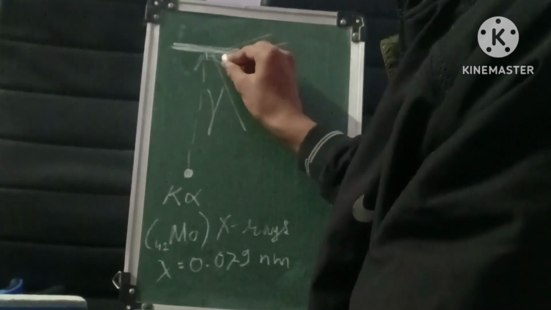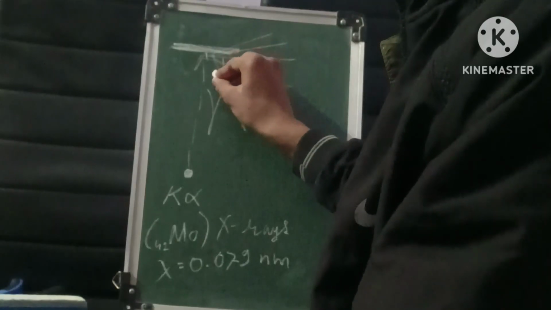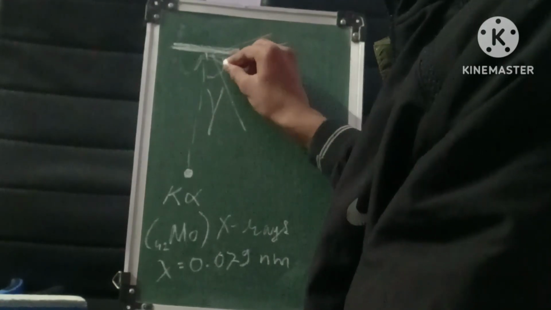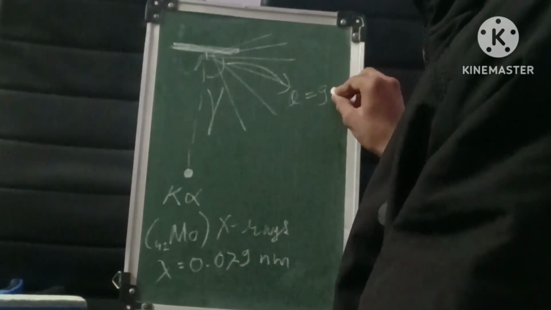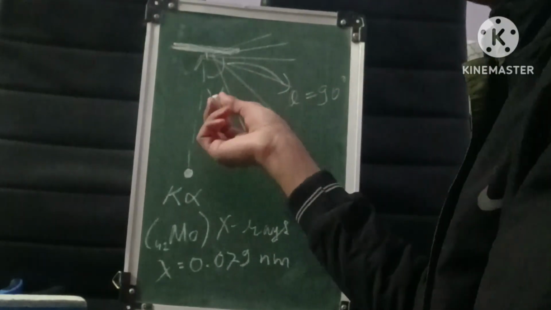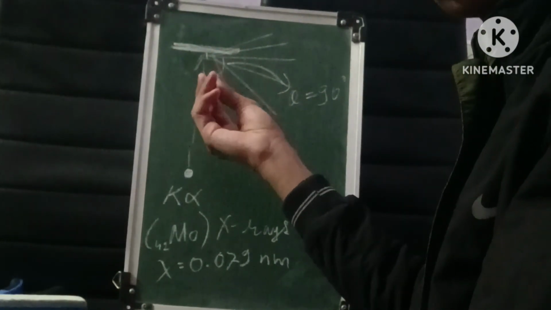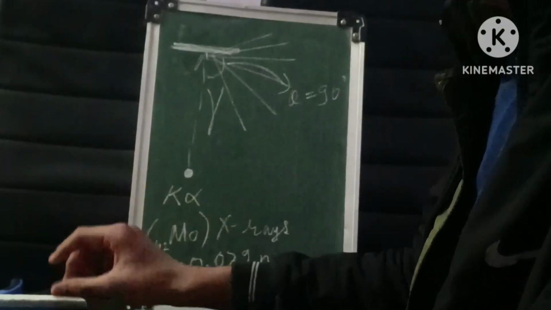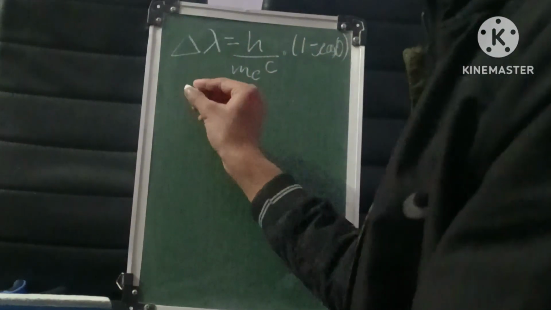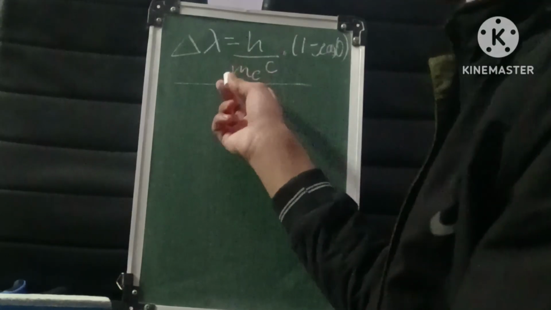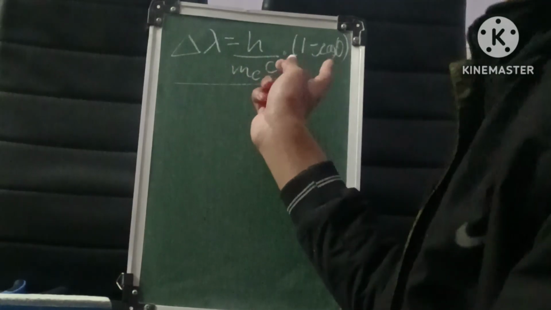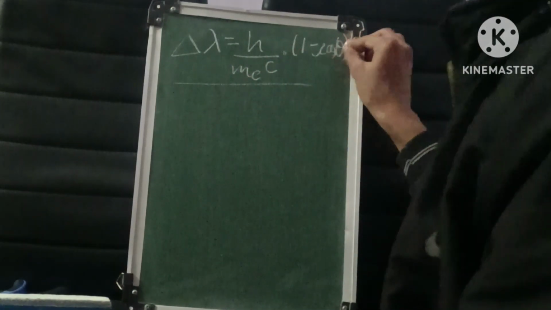Let's suppose this angle, let it be theta equal to 90 degrees, because at 90 degrees we had the Compton shift. If you remember from the last video, we have seen this formula: delta lambda is equal to h upon m_e c into (1 minus cos theta).